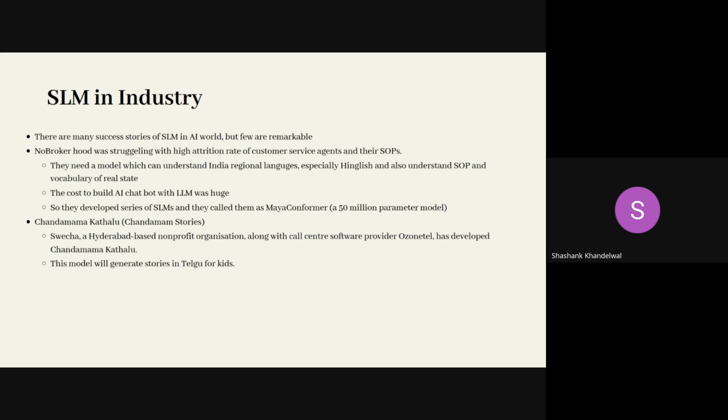Now this model can generate stories in Telugu for kids. If you go and check, a lot of people are using SLMs.